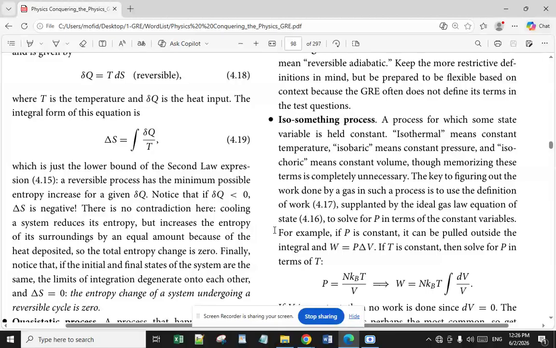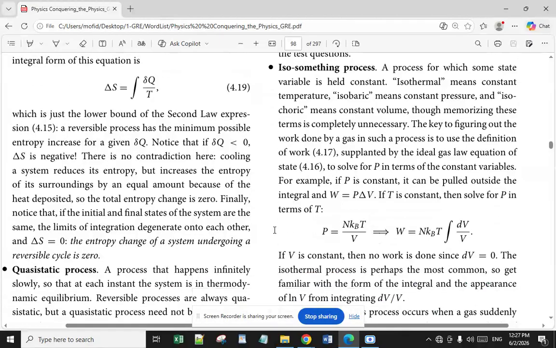The key to figuring out the work done by a gas in such a process is to use the definition of work, 4.17, supplemented by the ideal gas law equation of state, 4.16, to solve for P in terms of the constant variables. For example, if P is constant, it can be pulled outside the integral and W is equal to P multiplied by delta V. If the temperature is constant, then solve for pressure in terms of the temperature.